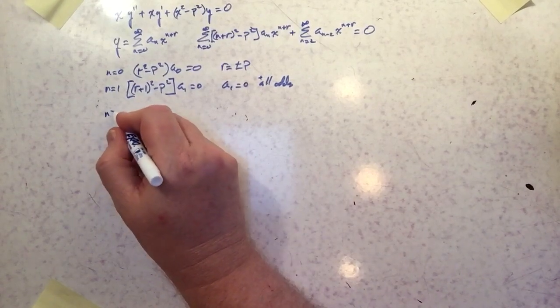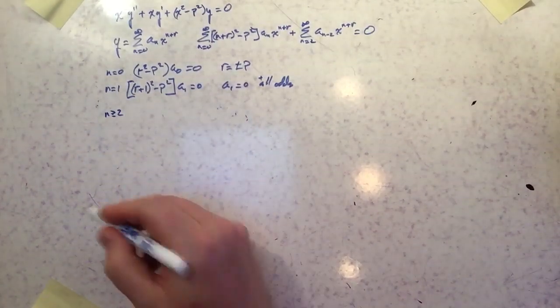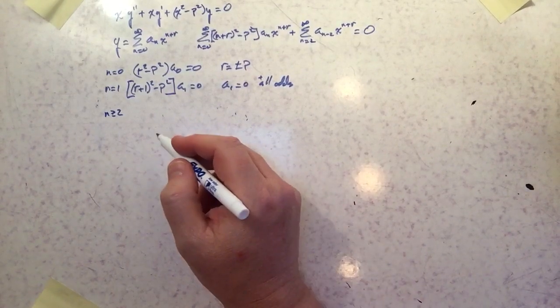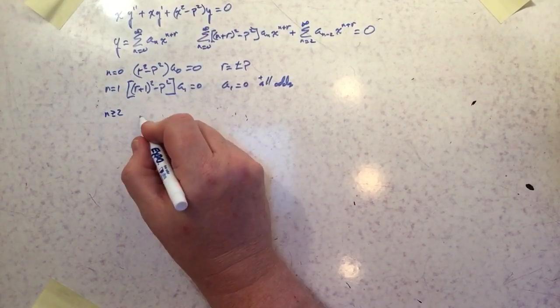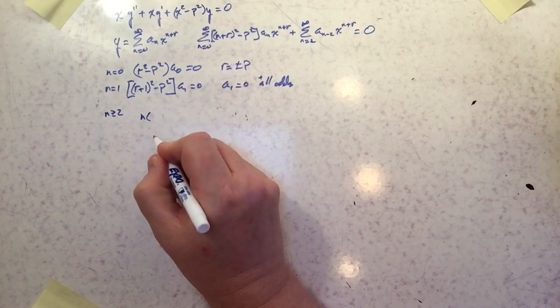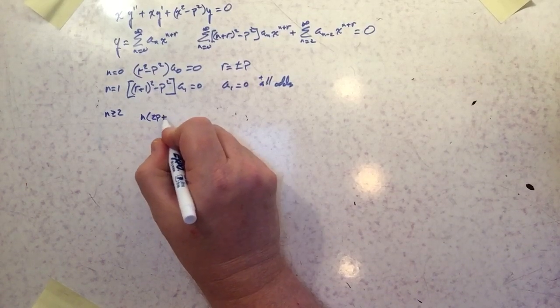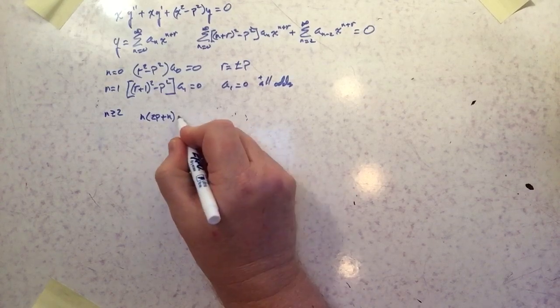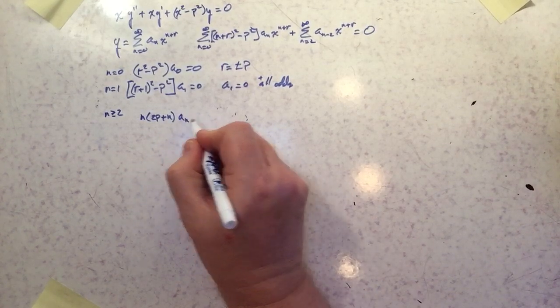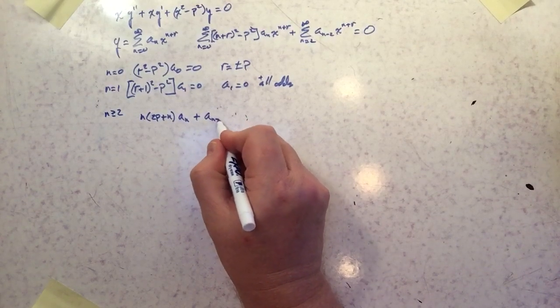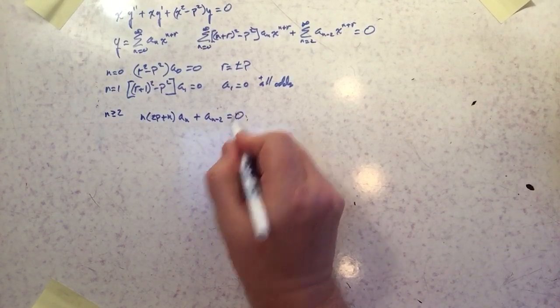So when n is greater than or equal to 2, so for all the future terms, this is what we end up with. We end up with n times the quantity 2p plus n times an plus an minus 2 equals 0.